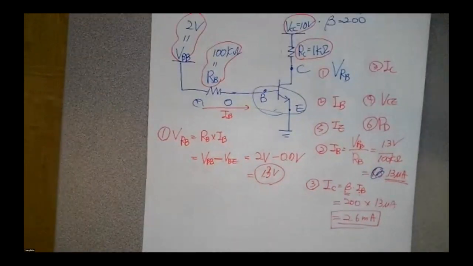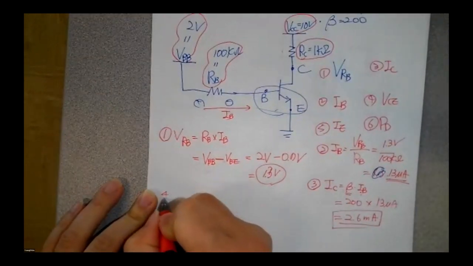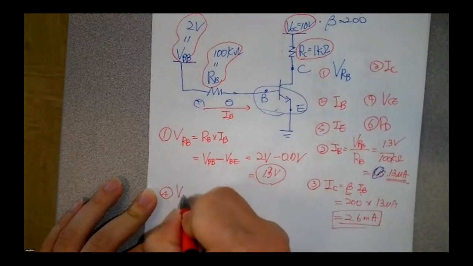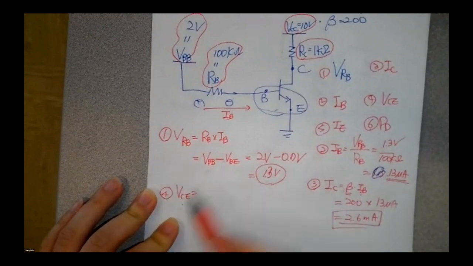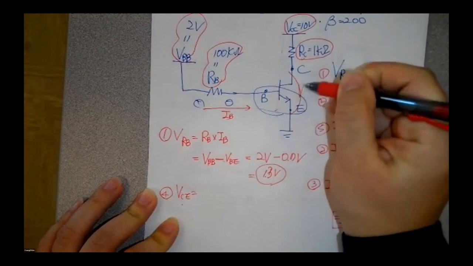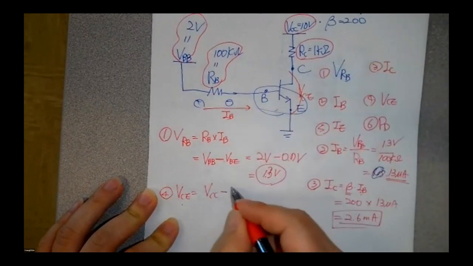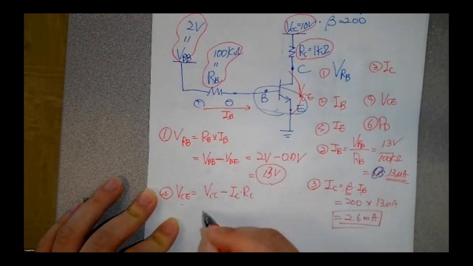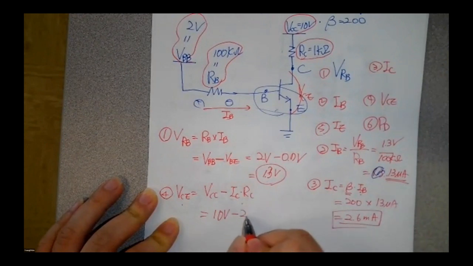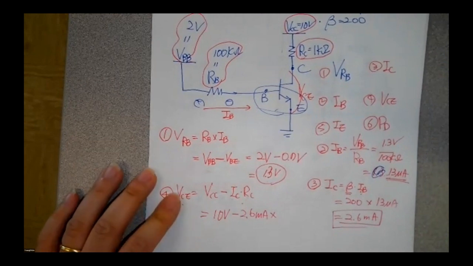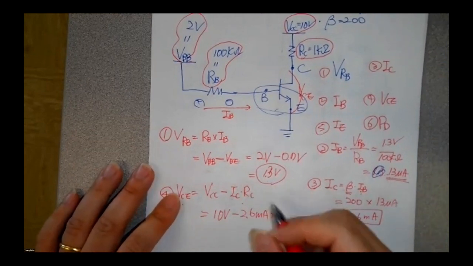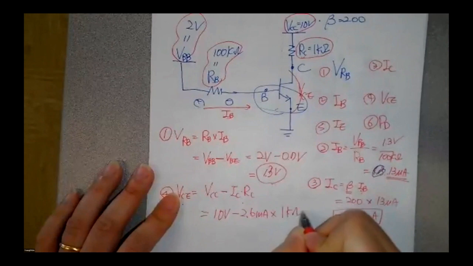And then question 4, what is the V sub CE? V sub CE is V sub CC minus I sub C times R sub C. V sub CC is 10 volt, and then the I sub C 2.6 milliamp multiplied by R sub C 1 kilo ohm here.